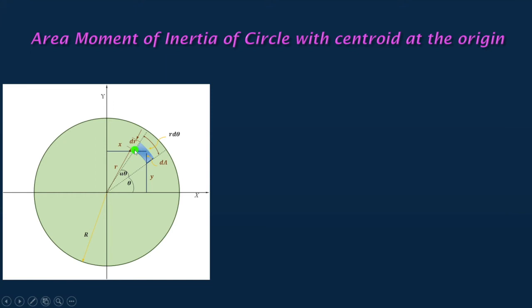As it is infinitesimally small, we can assume this area is a rectangle. So dA equals dr into r d theta.